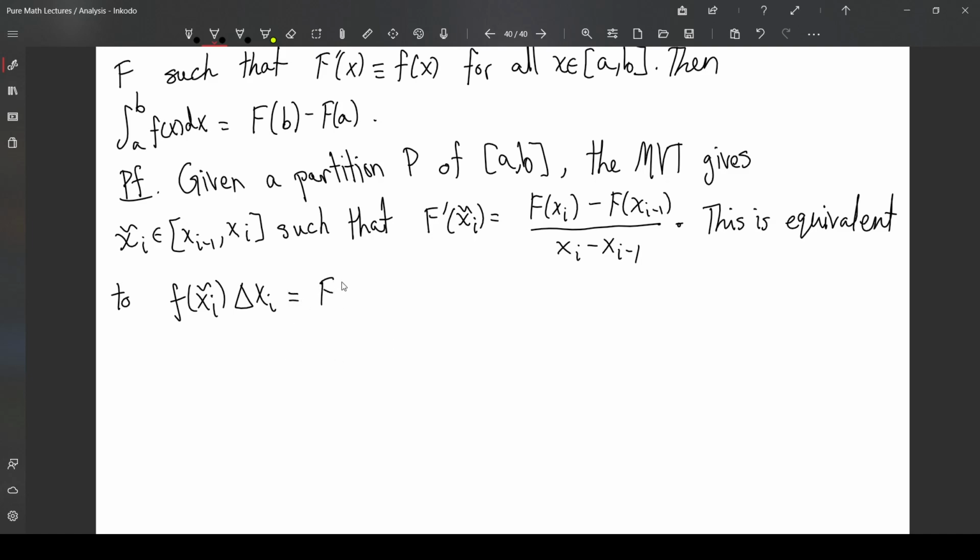And so this is going to be equal to F(x_i) minus F(x_{i-1}).